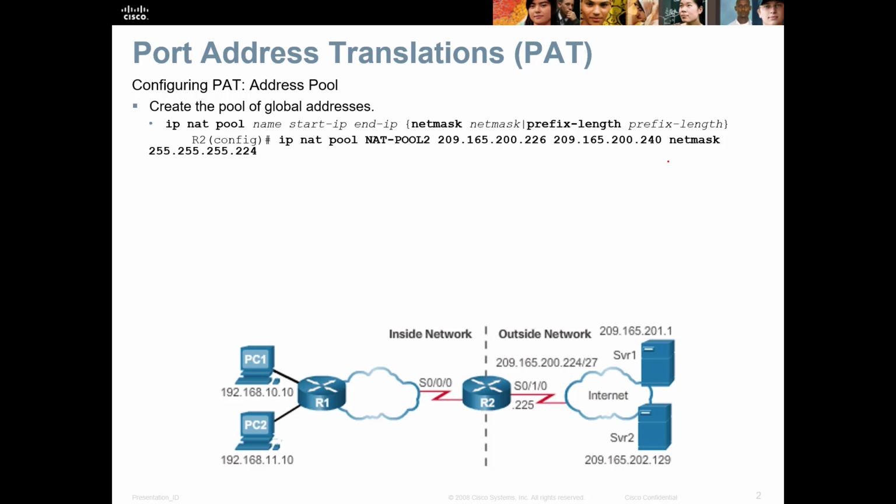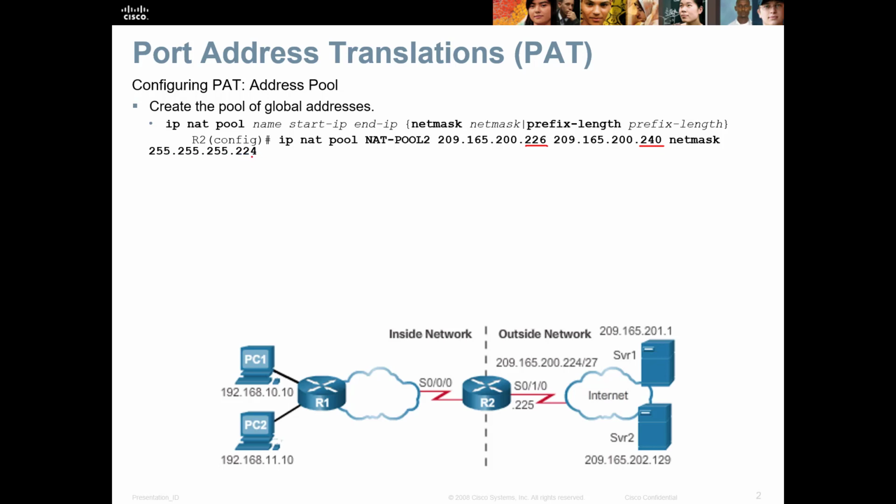So very much like dynamic, it just comes right on the heels of dynamic address translation. You create a pool. And here I've created, the same as in your text, the very same pool, 209, 200, 226, right, to 240. Those right there. And then here's the netmask.